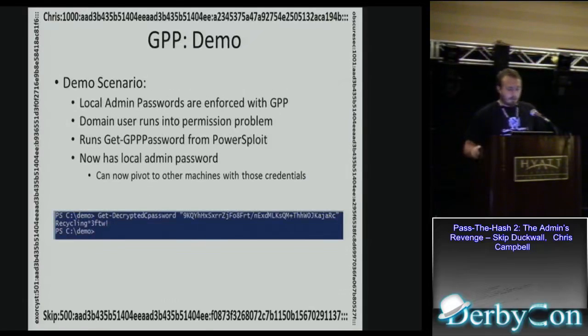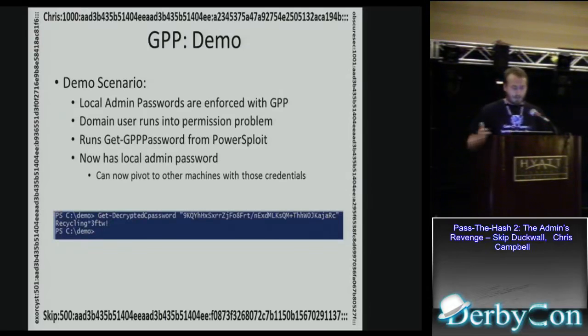All right, so we're going to do a quick demo that we recorded. The local admin passwords are being enforced with group policy preferences. A limited domain user is going to try to do something with elevated rights. They're going to run a script that I wrote, Get-GPPPassword, which is basically a port from that Python script, and is available in PowerSploit.